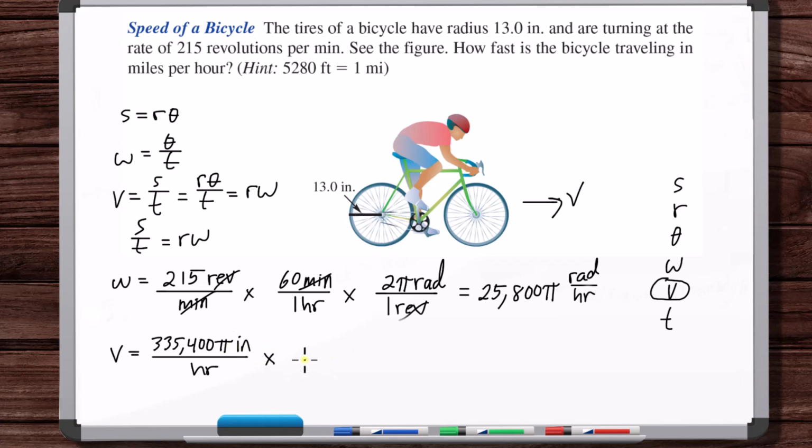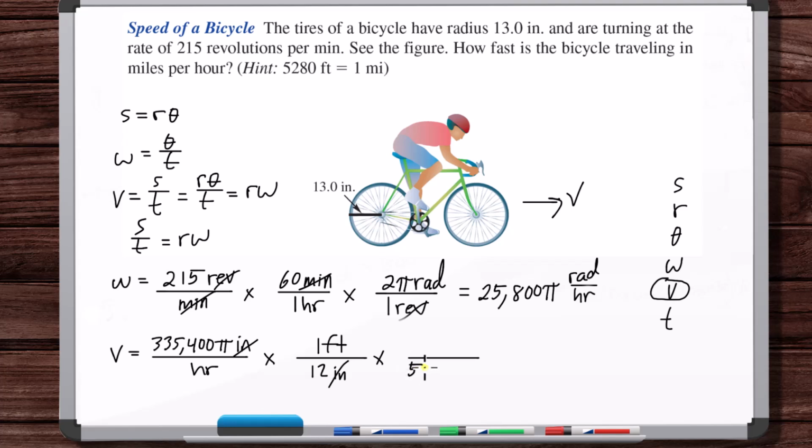Unit conversions are easy. They give us a unit conversion here; we could have easily looked this up. So we know how many feet are in a mile. Let's start by getting to feet. How many inches are in a foot? Well, there's 12 inches in 1 foot. So now we're in feet. So we use this conversion.